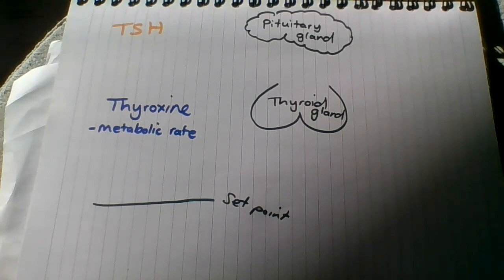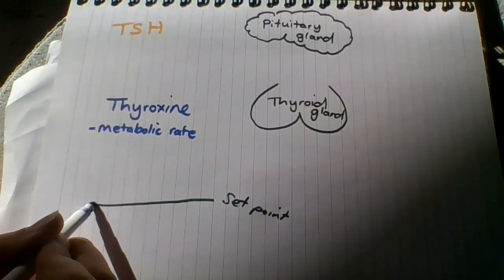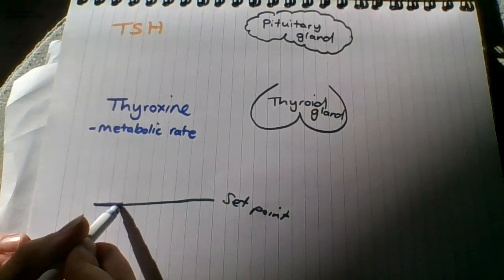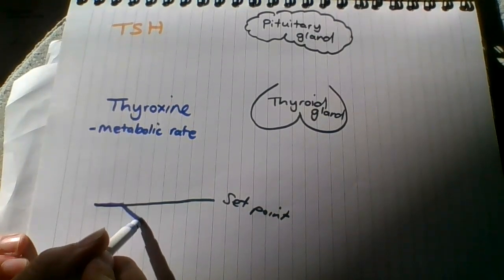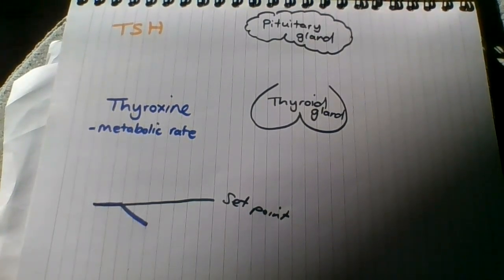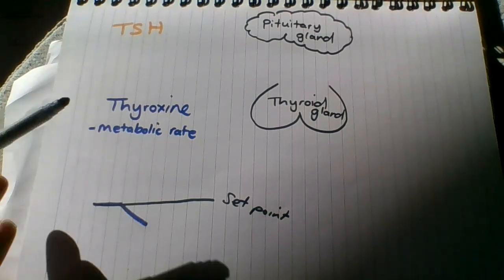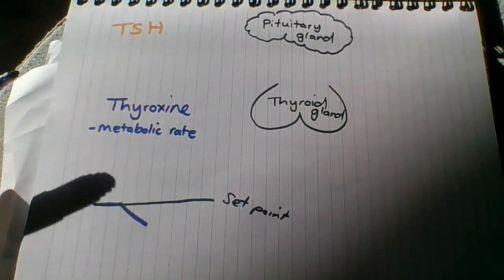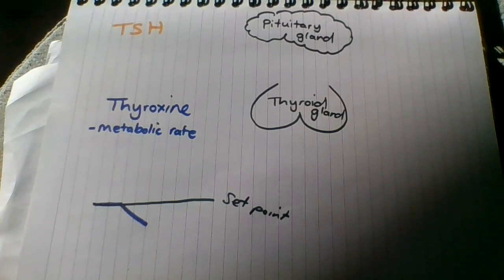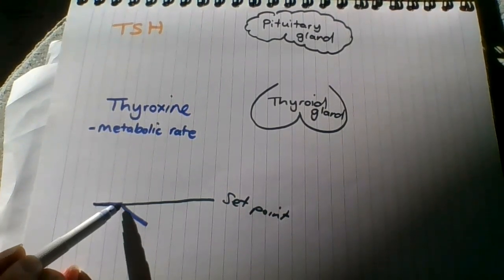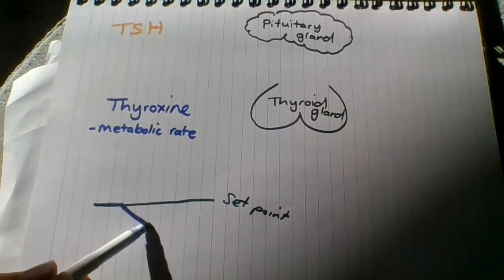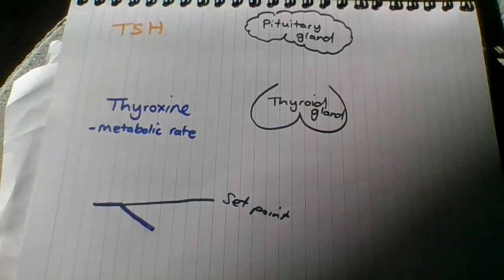So if my levels of thyroxine start to drop, and we make that hormone from the iodine in your diet, if you haven't got enough iodine in your diet or something's not quite right, and the levels of thyroxine start to fall, then this is where it is detected.